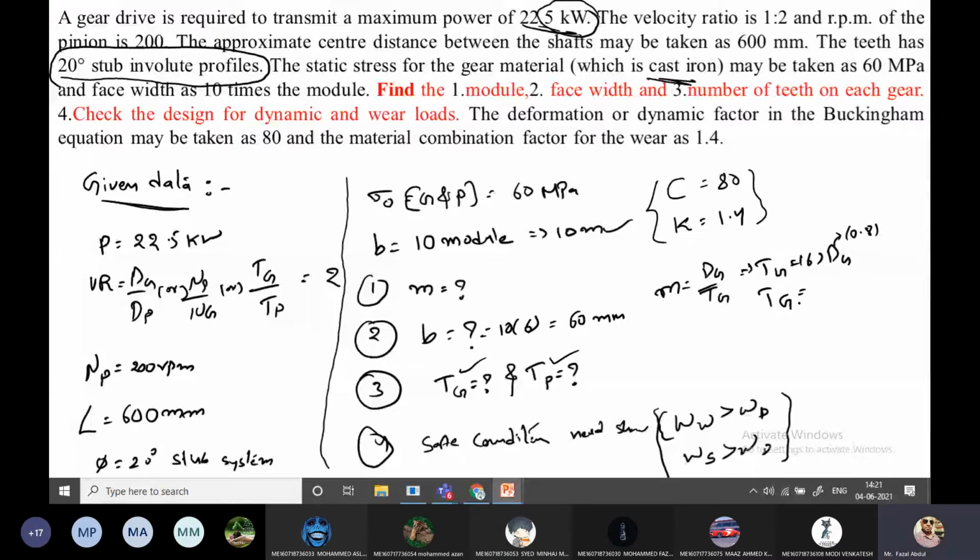So that gives the number of teeth on gear. In the same manner, TP equals DP divided by module 6, where DP we got 0.4. Now tell me the TG value and TP value.